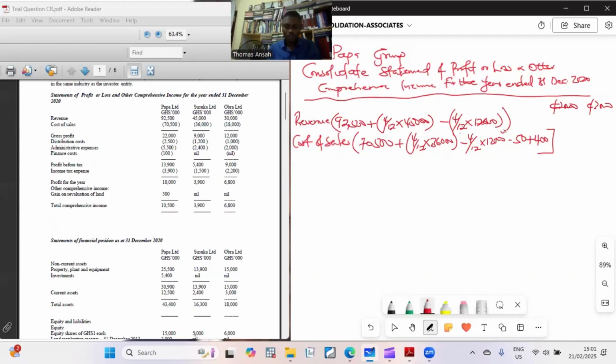Now let me use this calculator. This is better. So you have 4 over 12 by 45,000. That's 15,000 minus this side there is 4,000. So minus 4,000. All right, plus 92,500. That is 103,500. What about this side? This side is giving me 4 over 12 times 36,000.